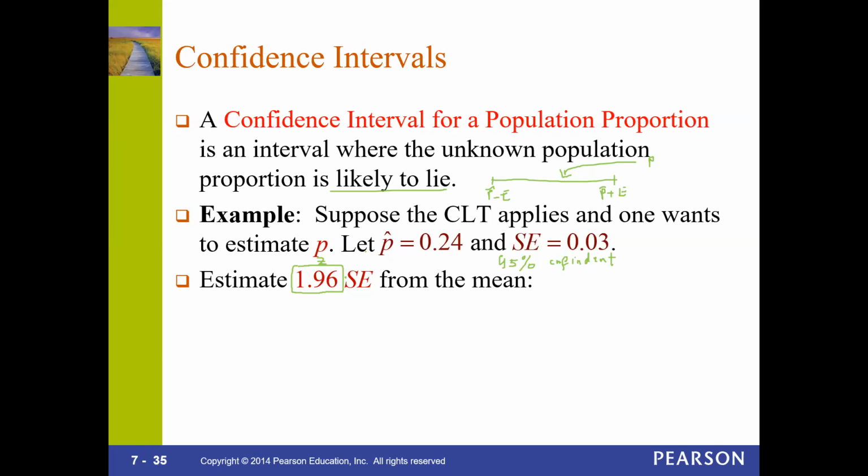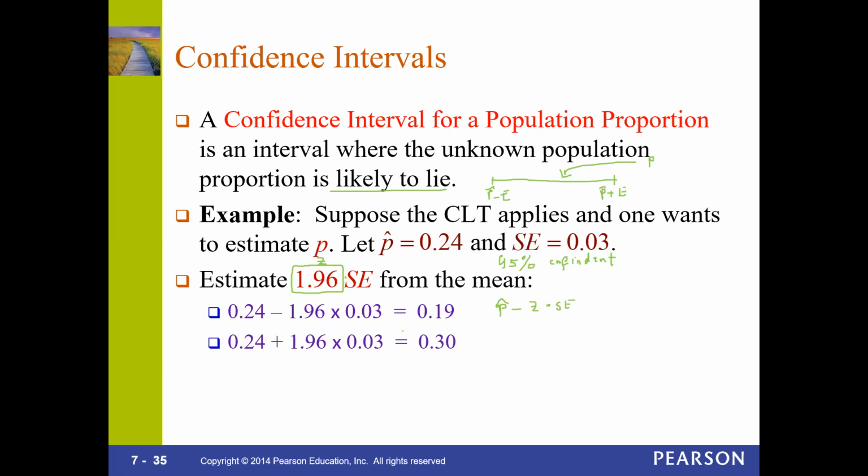Let's find each interval. The first one is P hat minus the Z times the standard error. And then we do the same thing: P hat plus the Z times the standard error.